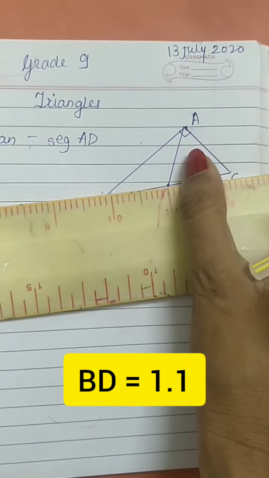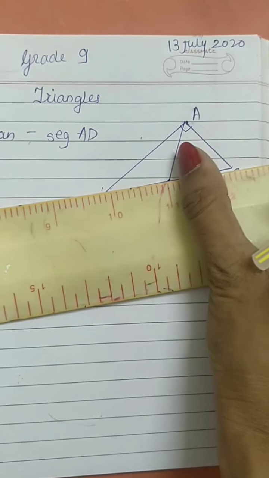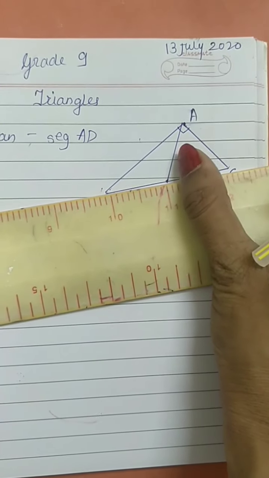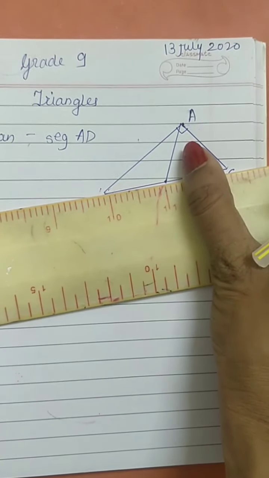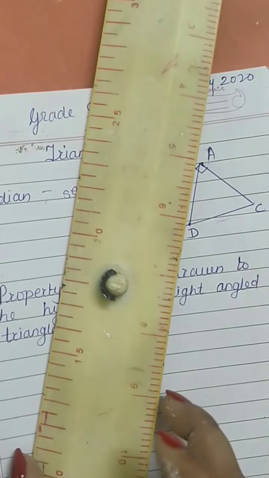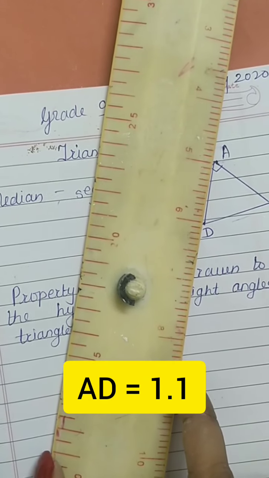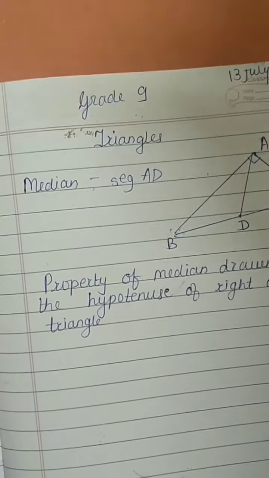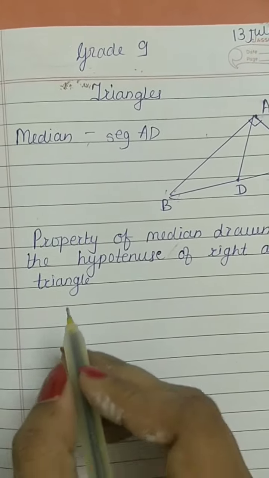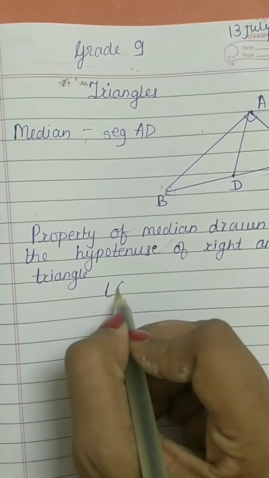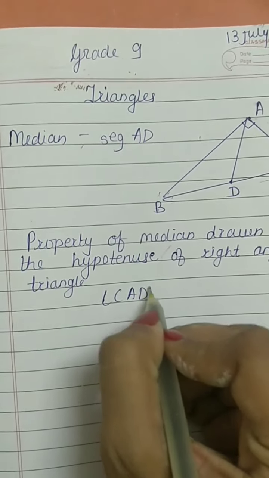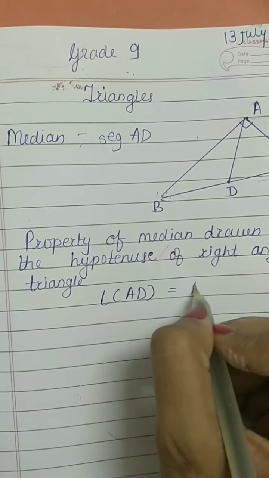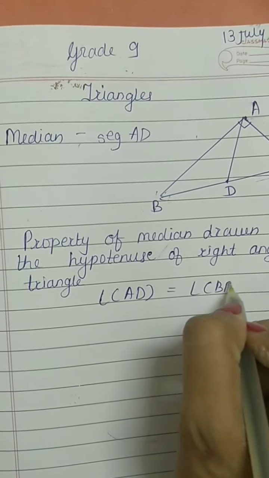If we measure this length, it is 1.1. Now I am going to measure this AD also. It is also 1.1. So what does this mean? This means the length of AD is equal to the length of BD.